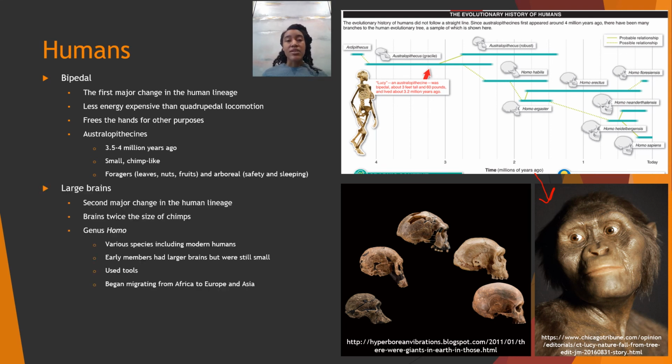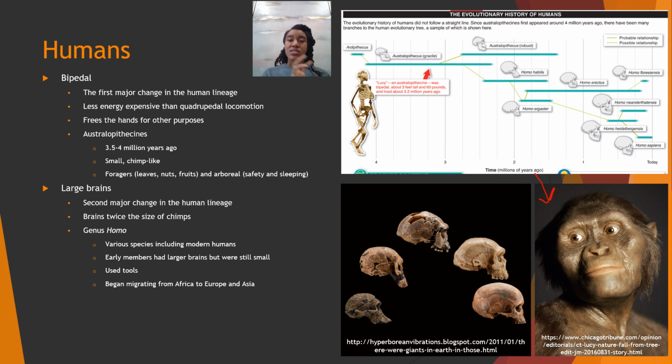So after bipedalism, the next big step in human adaptations was the enlargement of our brains. The human brain is twice the size of brains in chimps. And there are various species of humans, and they all belong to the genus Homo. And we all have enlarged brains compared to our shared common ancestor with chimps, and larger brains than our closest relative, the chimps.